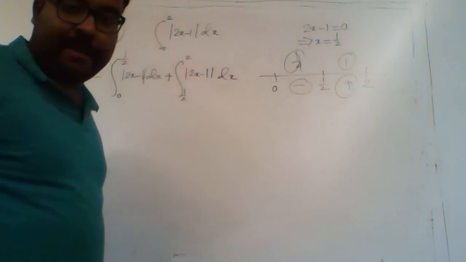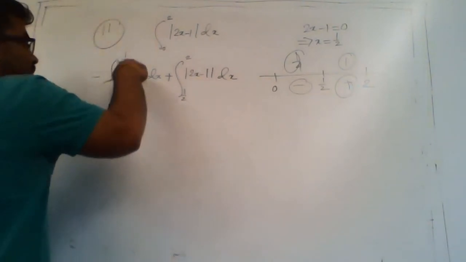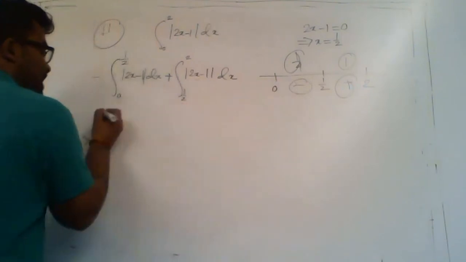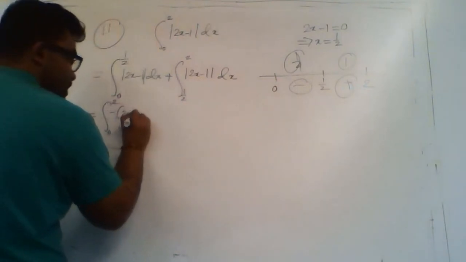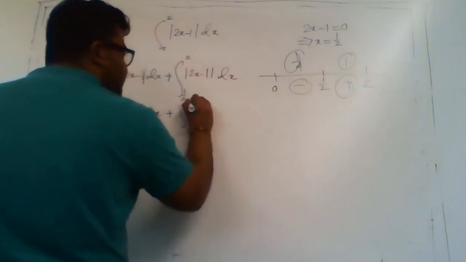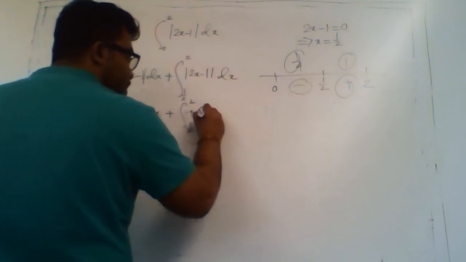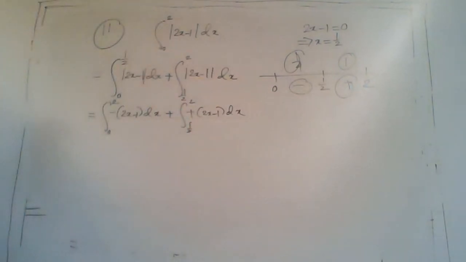Now, when you take the bars in the first integral, you have a minus sign. So you will get minus (2x minus 1) dx, and when you take the bars in the second integral, you have a plus sign. So plus (2x minus 1) dx. Finished. And then it's our ordinary integral.